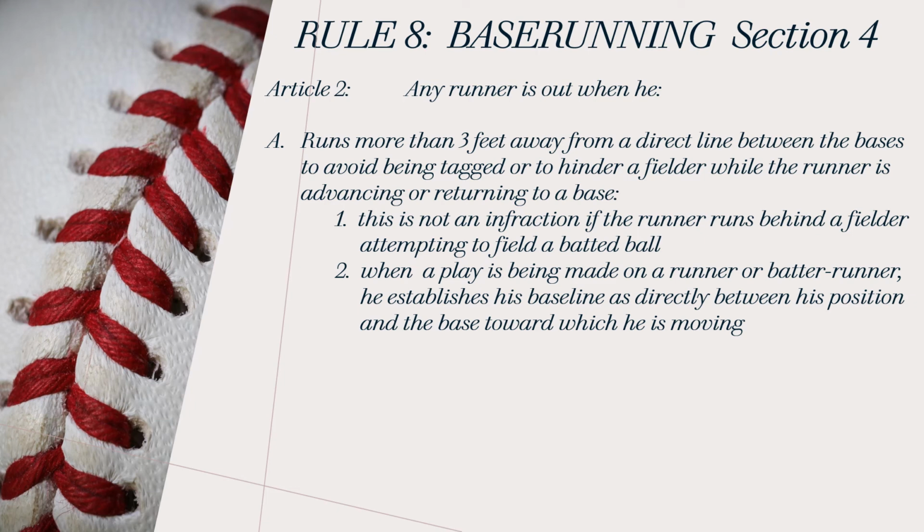And then item number 2, when a play is being made on a runner or batted runner, he establishes his baseline as directly between his position and the base toward which he is moving. So the only part of the field that has a distinct baseline is that last 45 feet of the first baseline. Everything else, the runner establishes the baseline directly from him to the base in which he is moving.